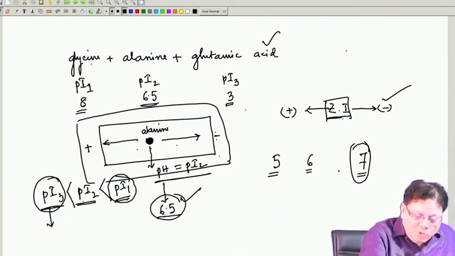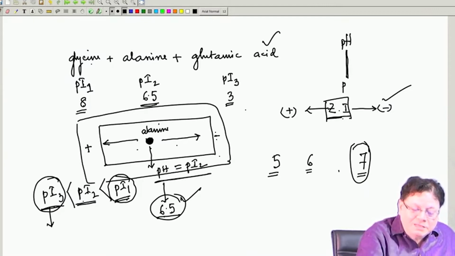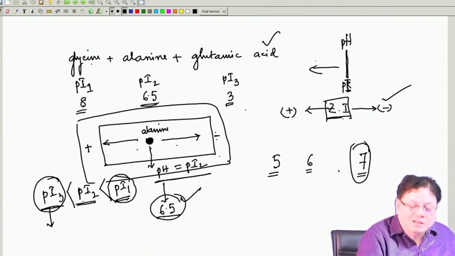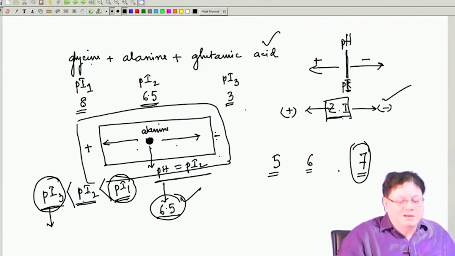So, the rule is that if this is the pH and it matches with the pI, then if you maintain the pH on this side, the species will be positively charged, and if you maintain the pH on this side, the species will be negatively charged.